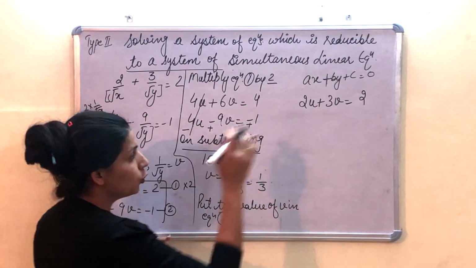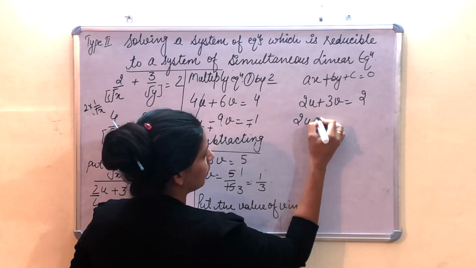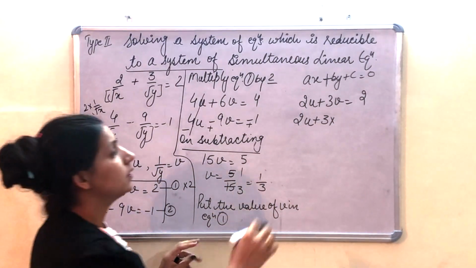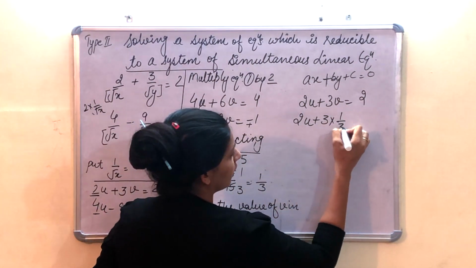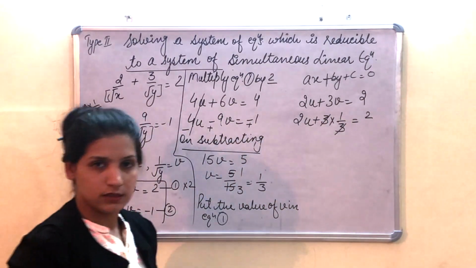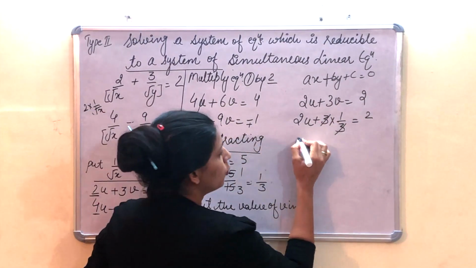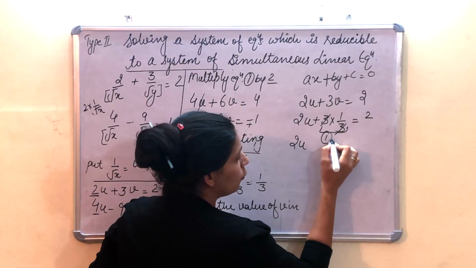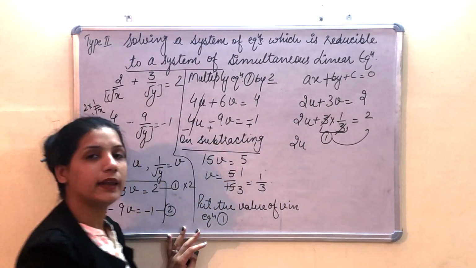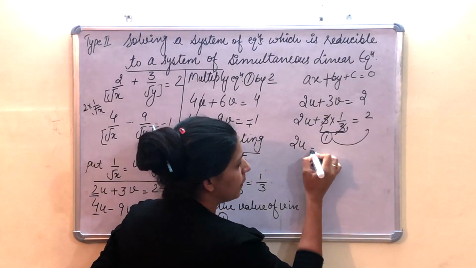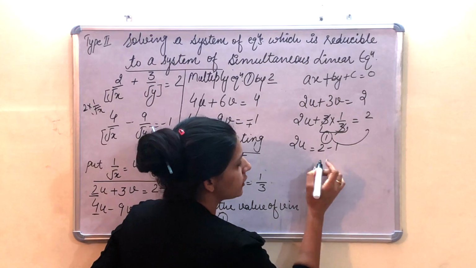So write 2u as it is plus 3 multiplied by the value of v, which is 1 by 3, is equal to 2. These 3s cancel each other. It is 2u plus 1 is equal to 2. So we shift 1 to the other side. Here it is positive, on the other side it becomes negative. So 2 minus 1 is 1.